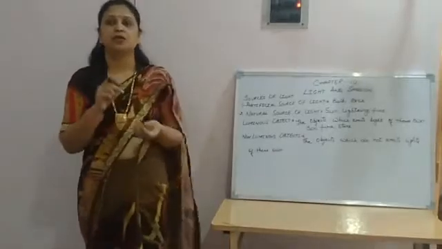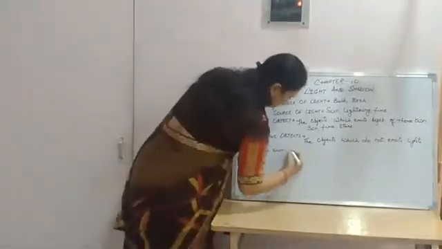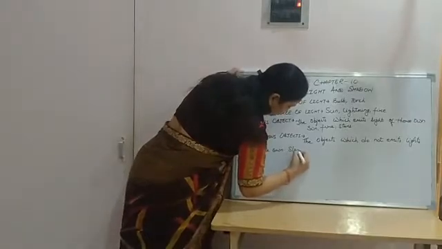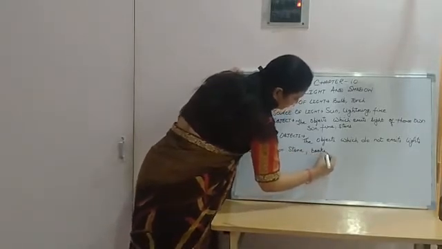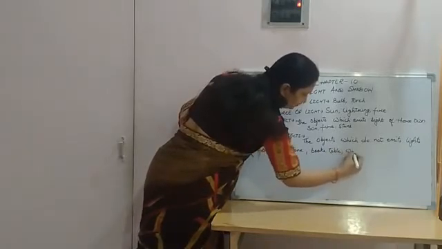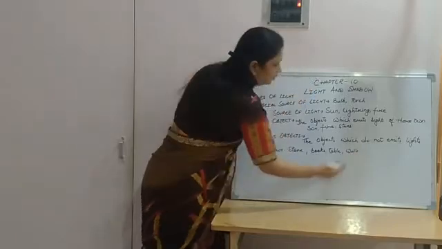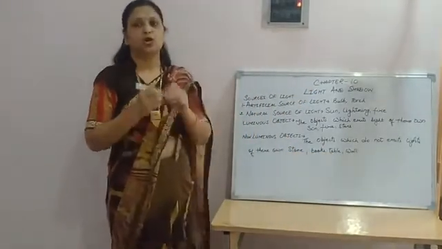For example, stone, books, table, wall. Very good. These are the examples of non-luminous objects.